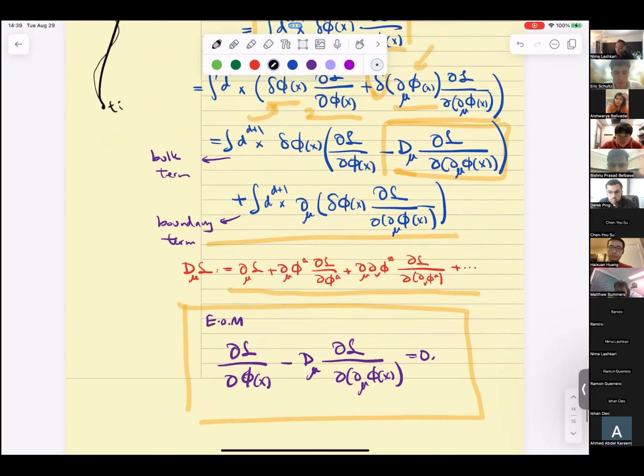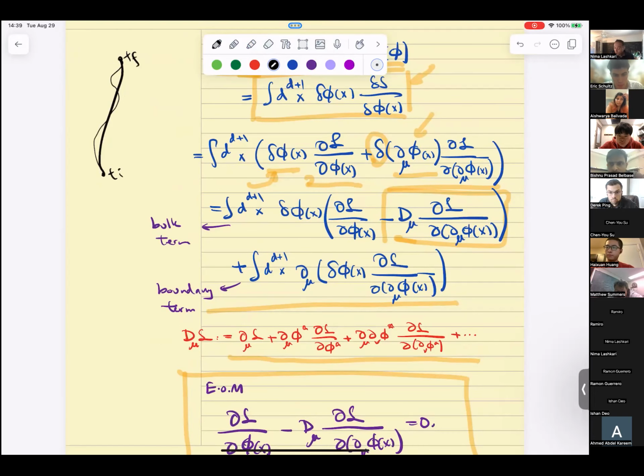Since you want the field to vanish far at infinity, this del mu will give you an integral over the infinity of space-time, right? But del phi of x will be 0 at those points, and the boundary term will vanish, and this term will have to be 0.